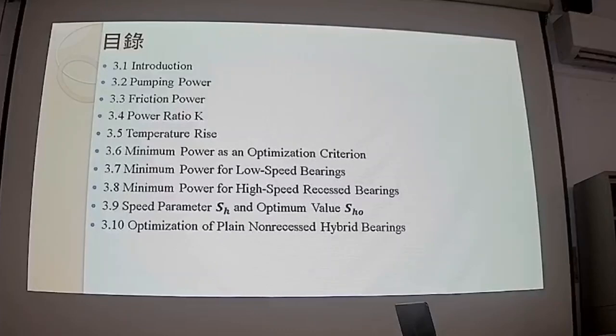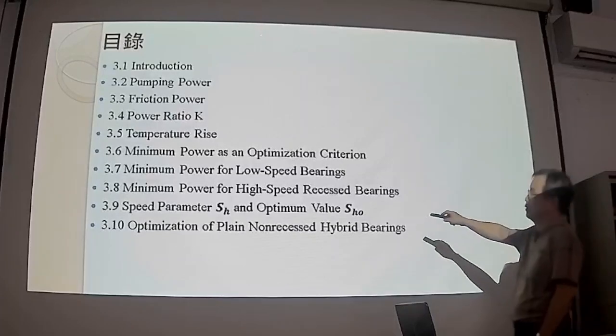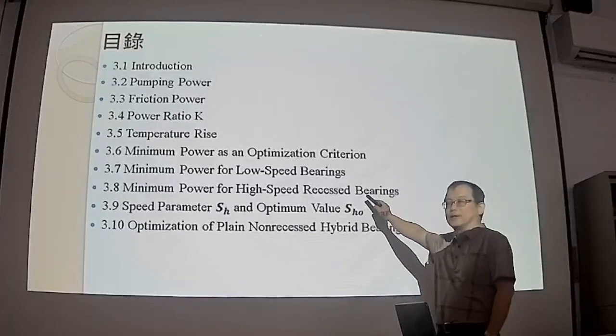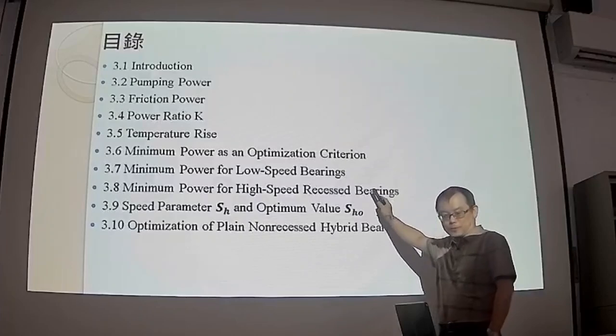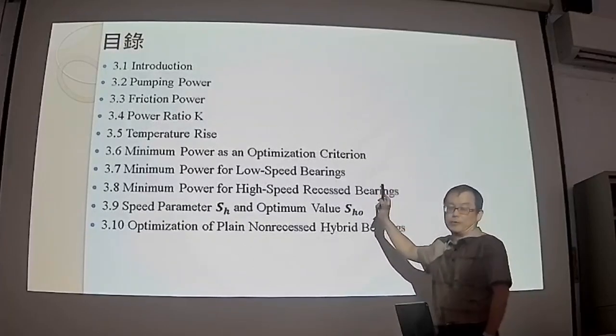So for the hydrostatic variant, usually they are recessed variants. In this case, we didn't mention whether they are thrust bearing or journal bearing.